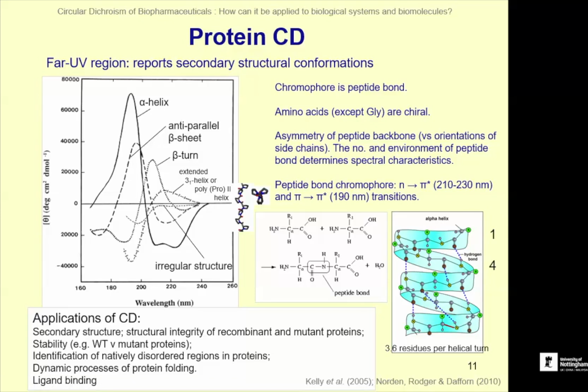The hydrogen on the nitrogen of one amino acid hydrogen bonds with the oxygen on the amino acid residue which is 4 residues further up. So the hydrogen bonding is cross-linking and forming that helix.